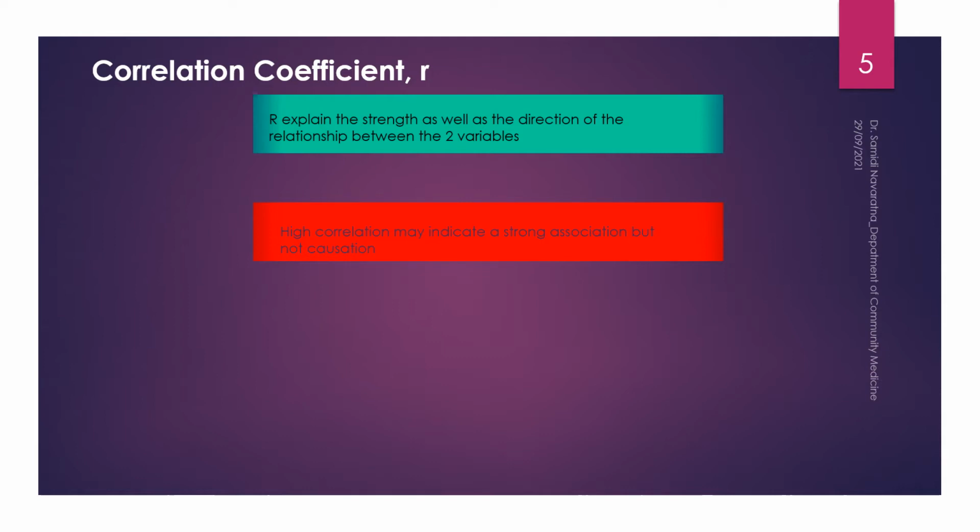In addition, there is sometimes a third factor that can be associated with both the predictor variable as well as the outcome variable, and therefore it looks like there's an association, but it's a spurious association.